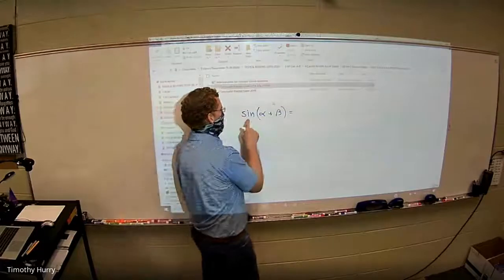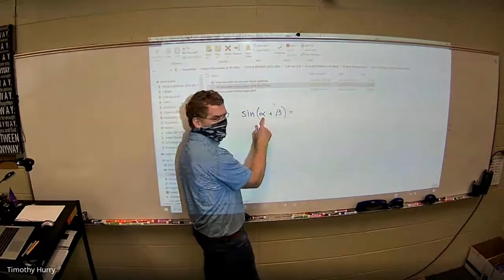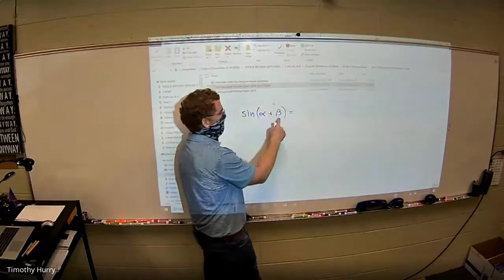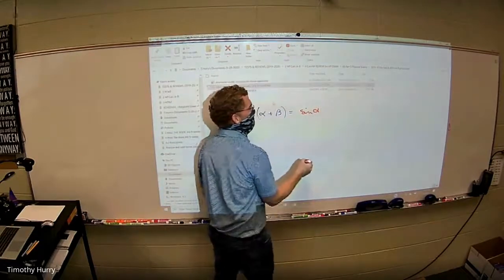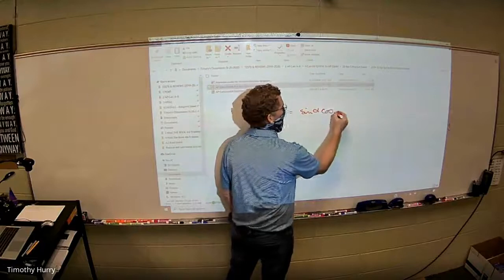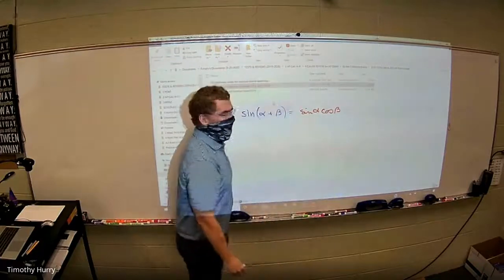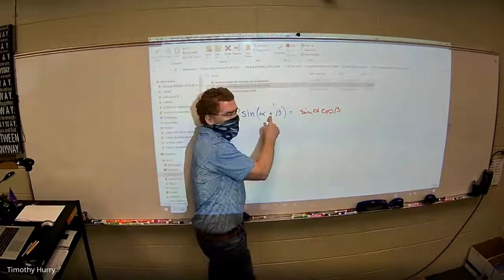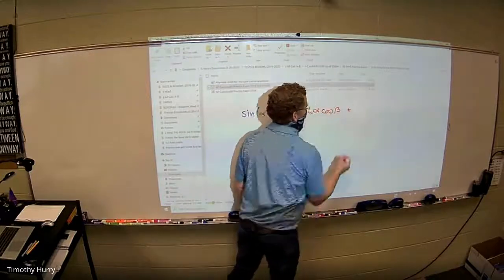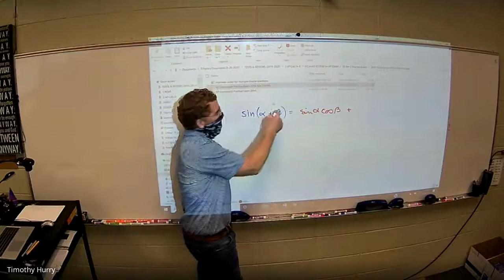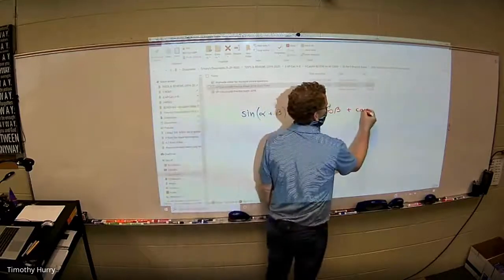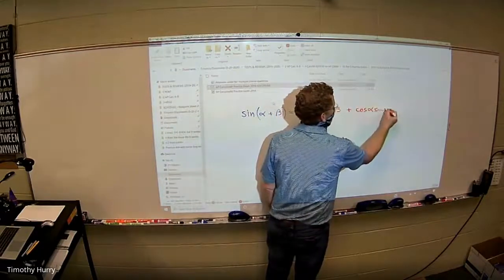But what you do is you take the sine of this times the cosine of that. So you start with sine of the first angle times cosine of the second angle. And then whatever that is, if that's a plus, you bring the plus over, and then you switch it up and you say cosine of the first angle, sine of the second angle. And you multiply those together.